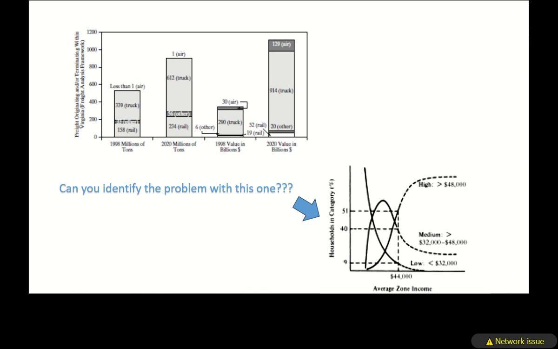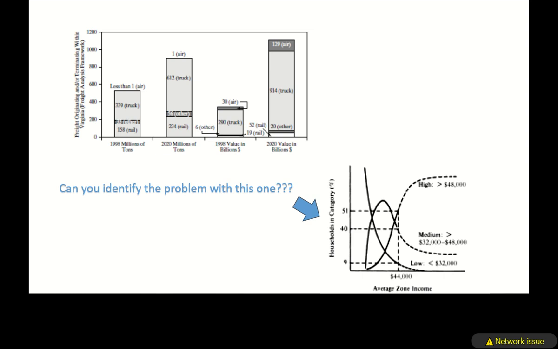So each bar is for a specific year or for a specific value. And within that then you have three divisions, right? This one for rail, how much we got from rail, how much we got from truck, and how much we got from air.